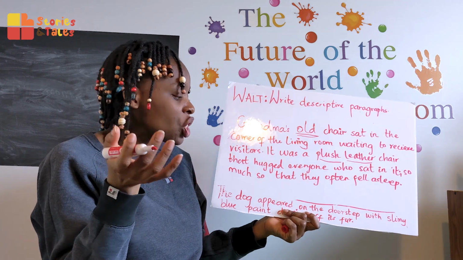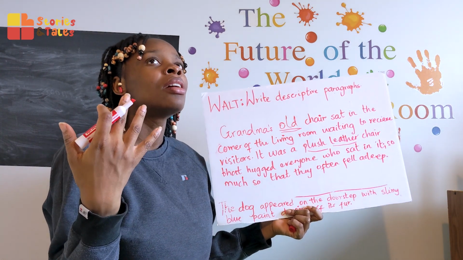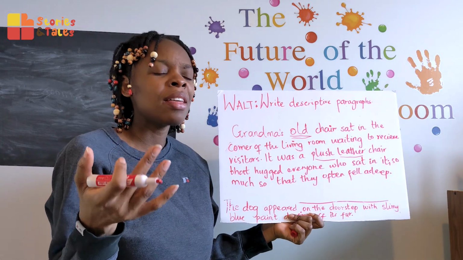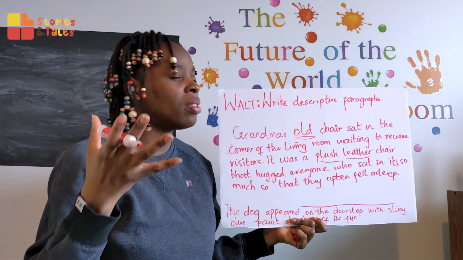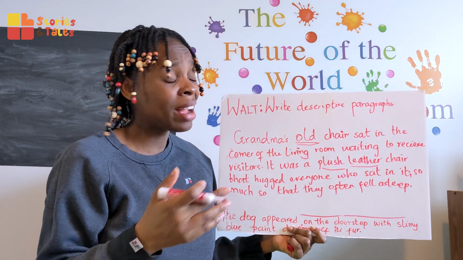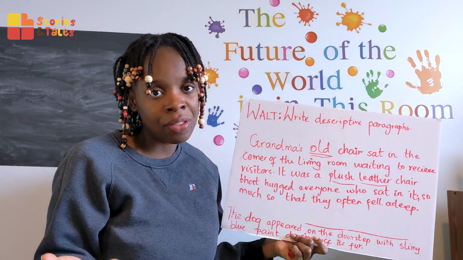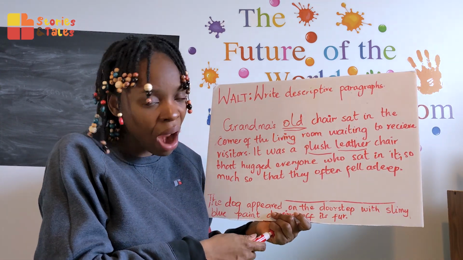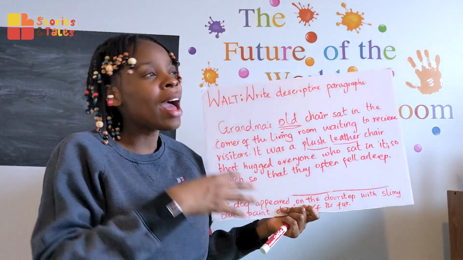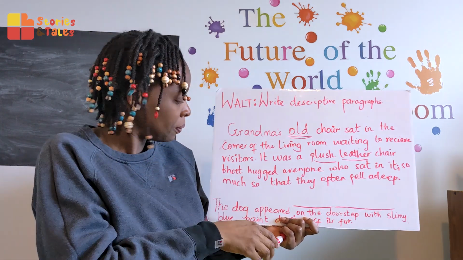I could have just said it was a chair that hugged, but adding the words plush and leather kind of just makes you picture what that chair looks like. If I want to take it a step further, I could add a color. So I could say the plush white leather chair, the plush brown leather chair. And it just instantly forms a different picture in your head.